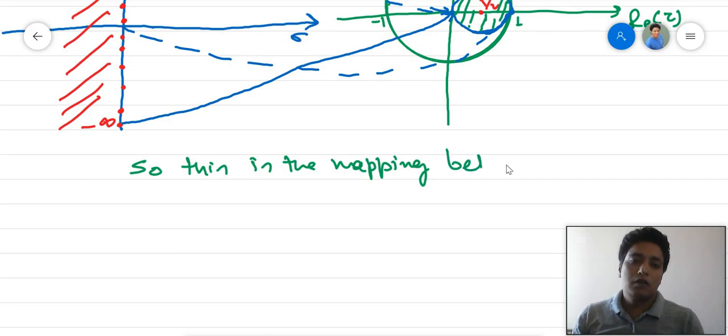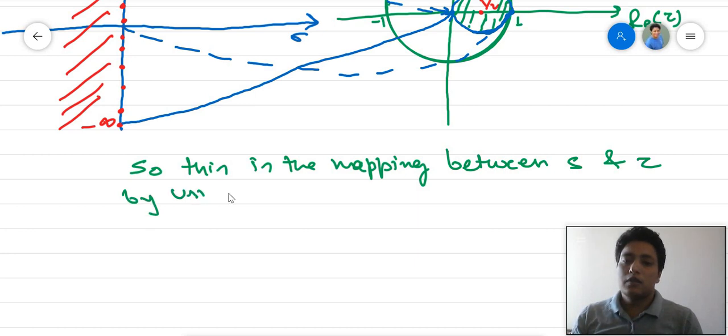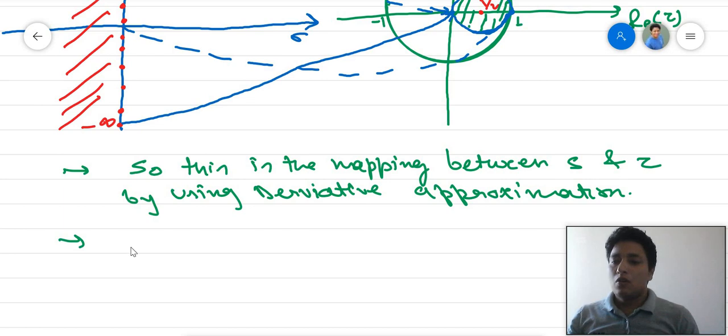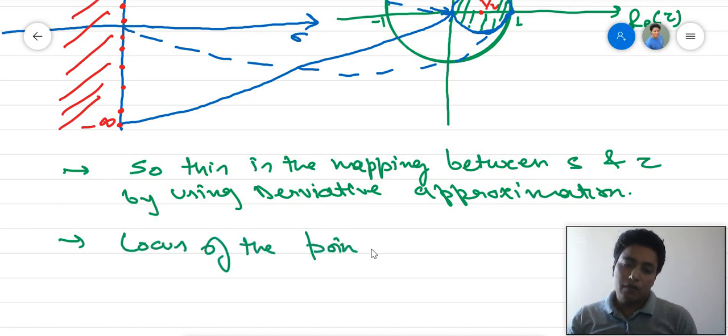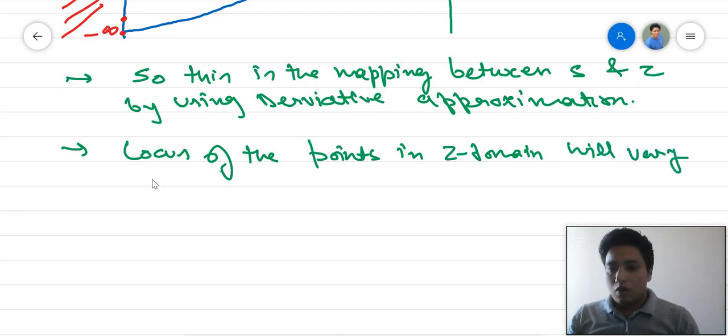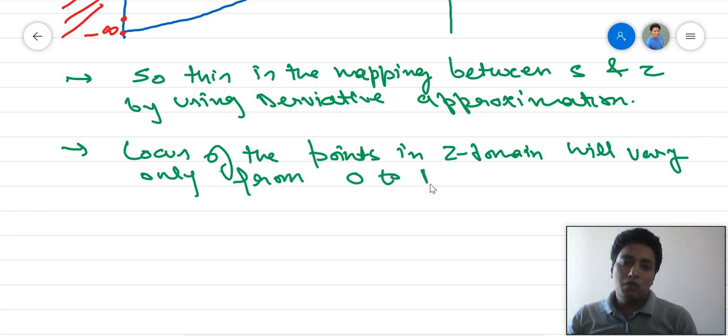between s and z by using derivative approximation. The locus of the points in the z domain will vary only from 0 to 1.